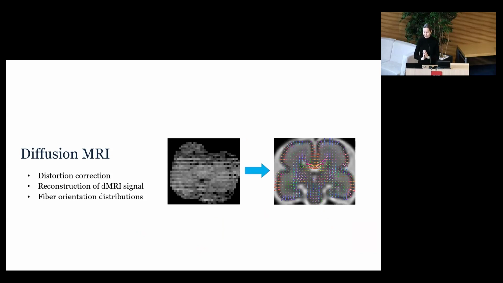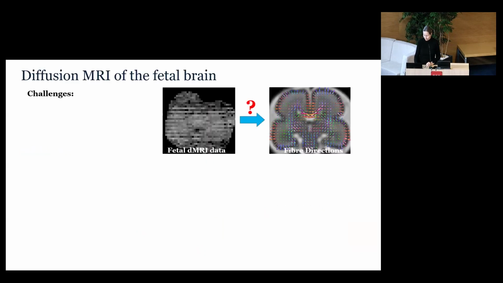So that's all about structural MRI. Now I want to move to diffusion MRI. The extra problem, as I said, is that we have distortion, and also we have a multidimensional signal, so basically signal on a sphere. So we need to do something about that during reconstruction.